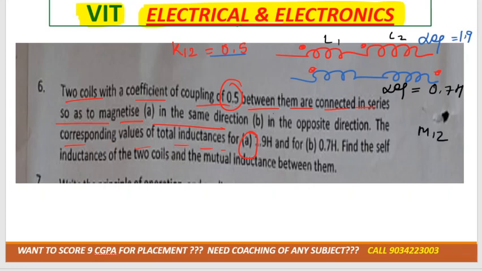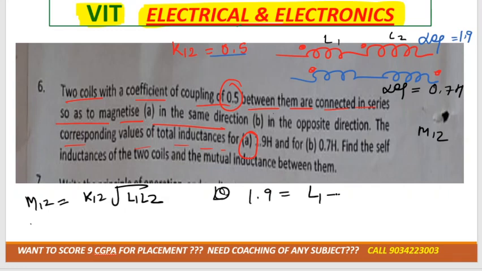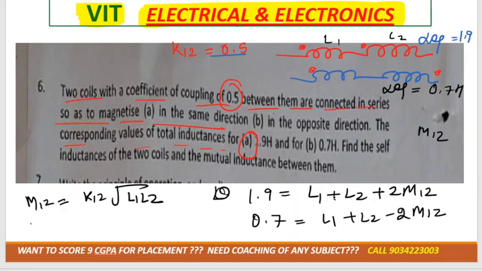Now tell me, in this case L equivalent means 1.9 is equal to L1 plus L2 plus 2 M12, right, and 0.6 is equal to L1 plus L2 minus 2 M12, but we don't have L1, L2 and M12, correct?